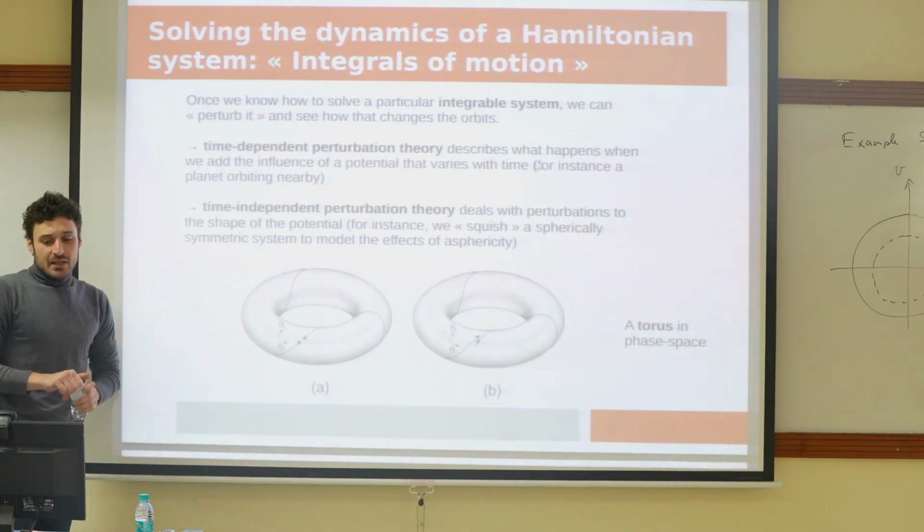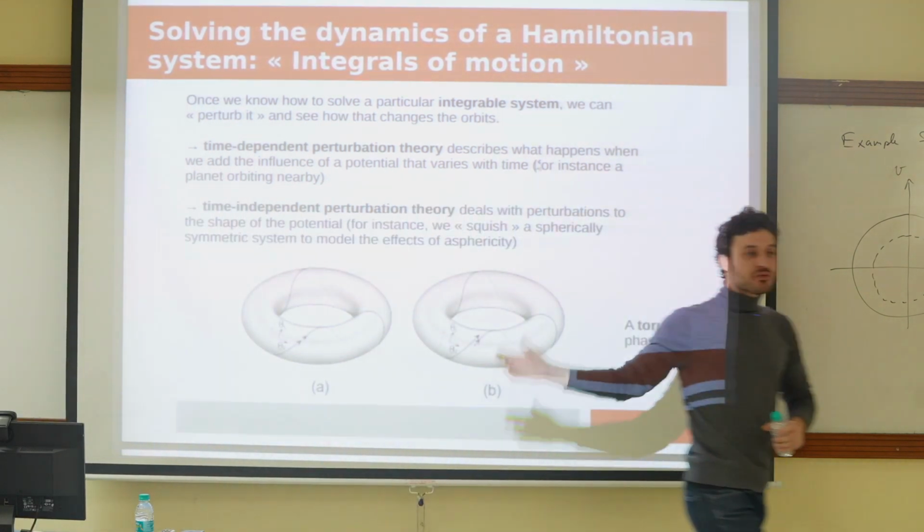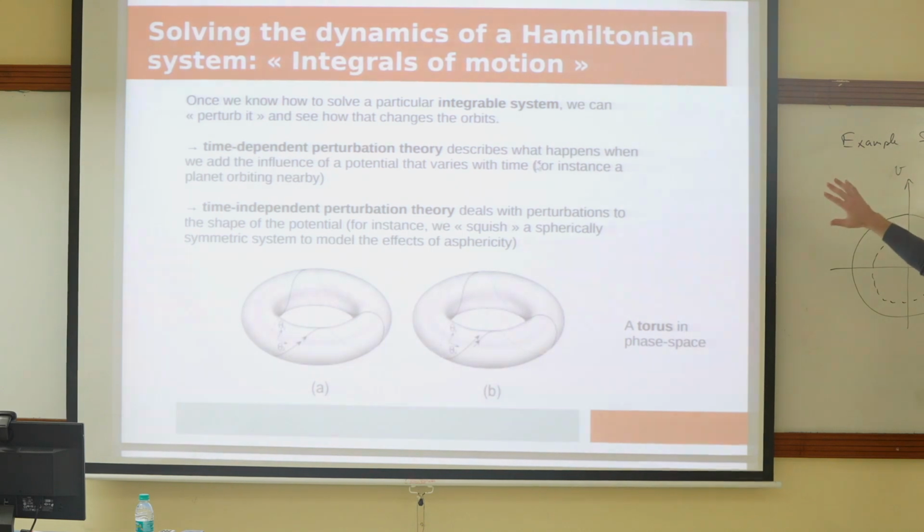So essentially it's the same procedure in physics as always: once you've found an integrable system, you just perturb it a little bit, because ultimately you know that in reality no system is going to be perfectly modeled by your very neat, perfect simple harmonic oscillator, or your very neat, perfect Kepler model. You know that there are going to be perturbations to these models.